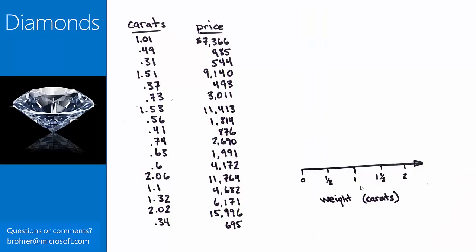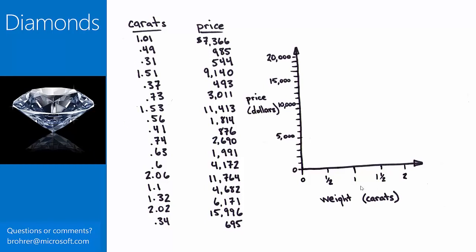So in order to go to work here, I first draw a number line that represents the weight in carats. Looks like the range is about 0 to 2, so I make sure that it covers that and draw some intermediate tick marks. And then I draw a perpendicular line to represent price. Again, I see that the range is up almost to $20,000, so I put that in with some intermediate tick marks.